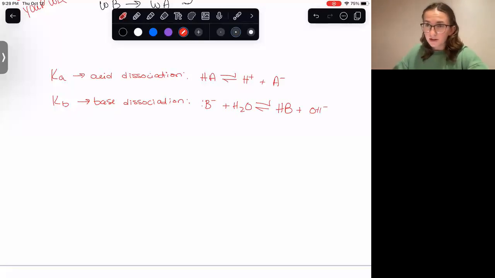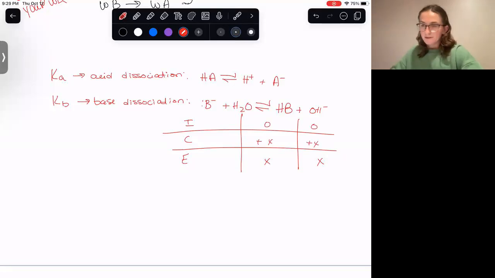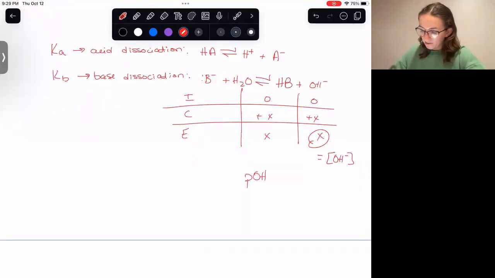So if we're solving for X in terms of Kb, X would end up here and here. And so X here would be equal to your hydroxide ion concentration. So if you want to find what pH is from this scenario, you have to find the pOH, and then say that 14 is equal to pH plus pOH, and then solve for pH that way.